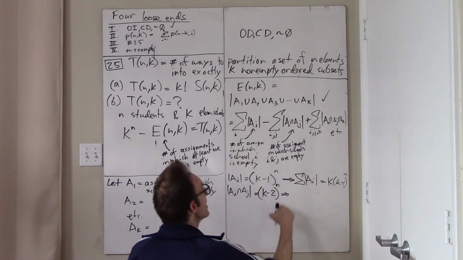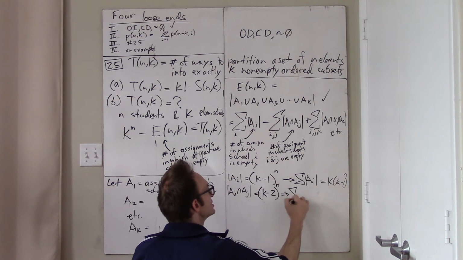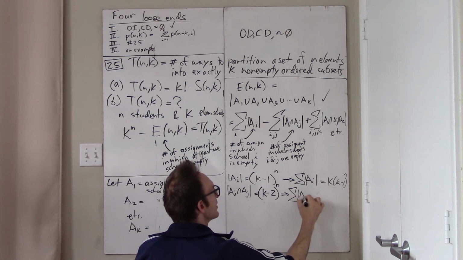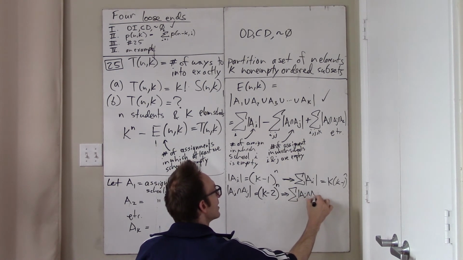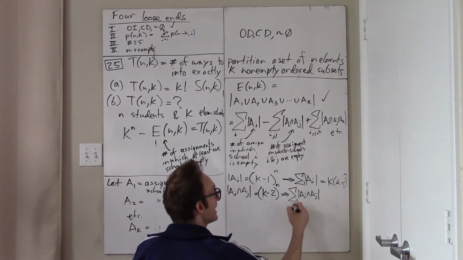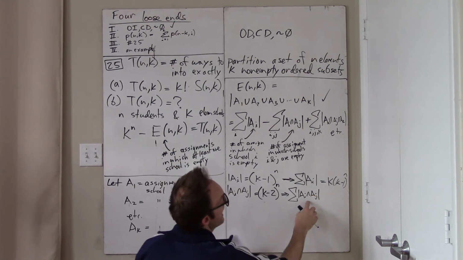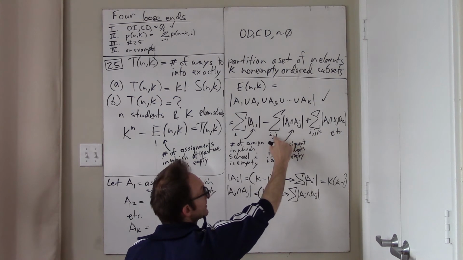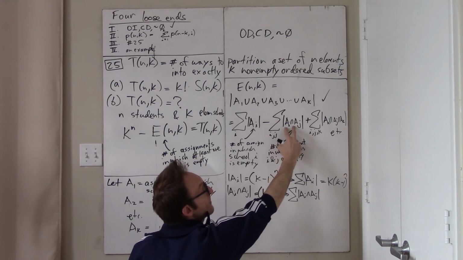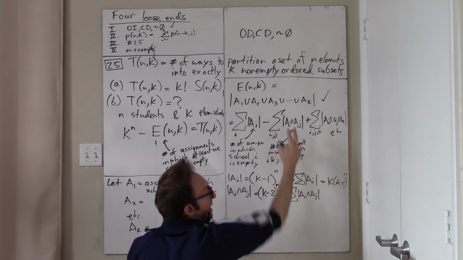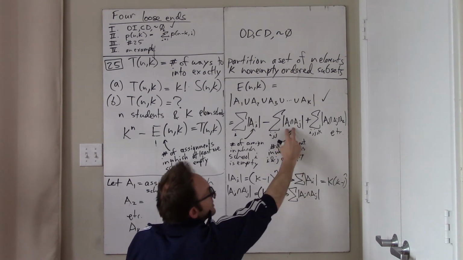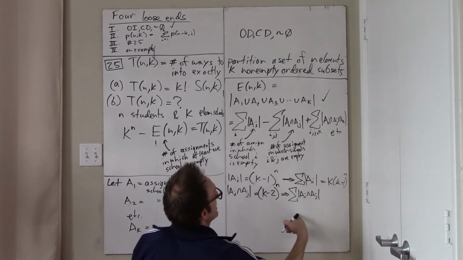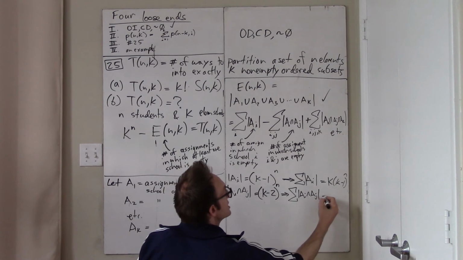But now, when I perform the summation, what do I get? I'm summing all of these up, and that's what the inclusion-exclusion principle does: it sums over every pair of schools. So how many pairs of intersections are there? The answer is k choose 2.